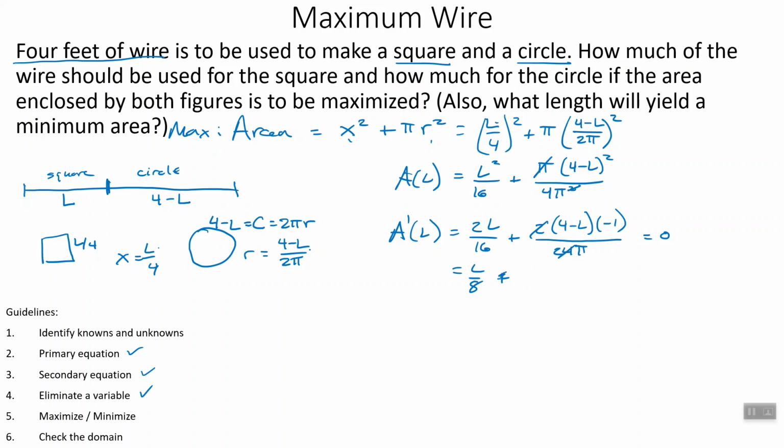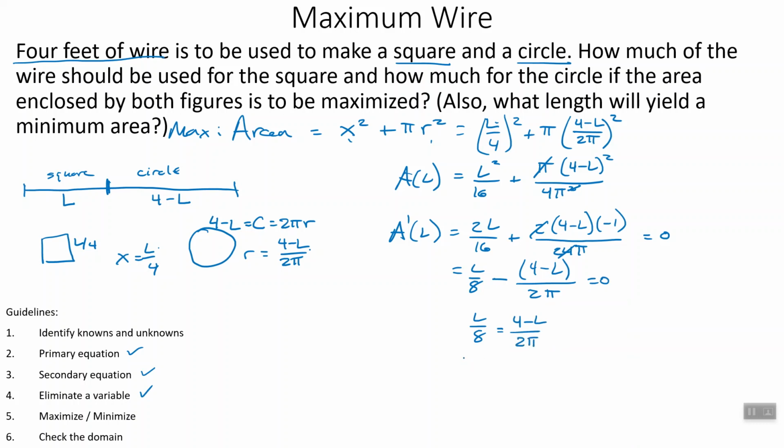We'll get actually minus. I have an eraser somewhere. Ta-da, there's my eraser. Minus 4 minus L over 2 pi equals 0. Let's go ahead and add this over. L over 8 equals 4 minus L over 2 pi.